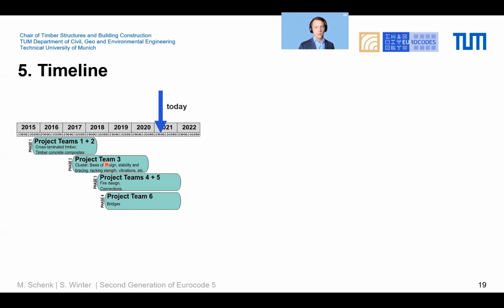And even though the contracts with the phase 3 PTs are still valid, the technical content of this phase has already been finalized. Only PT6, in charge of timber bridges, is still working. They will finalize a draft for EN 1995-2 at the end of this year.